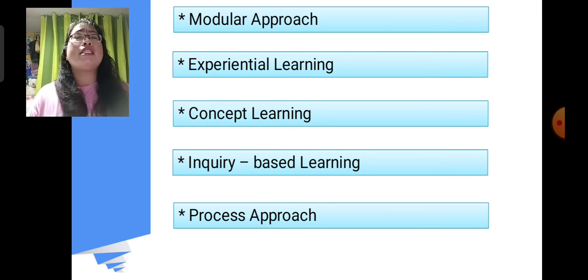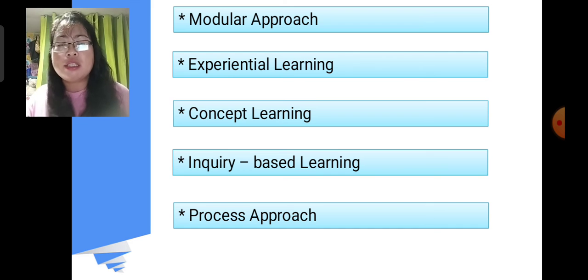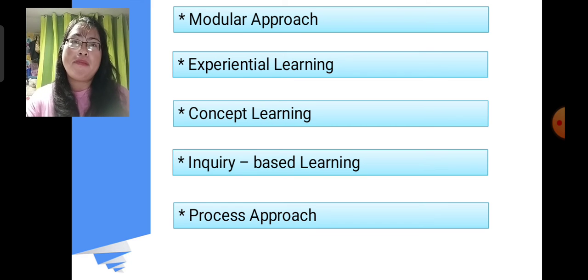The next one is inquiry-based learning, also spelled enquiry-based learning in British English. It starts by posing questions, problems, or scenarios, rather than simply presenting established facts or portraying a smooth path of knowledge.